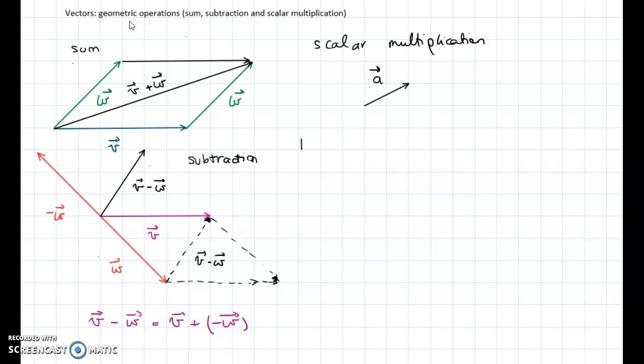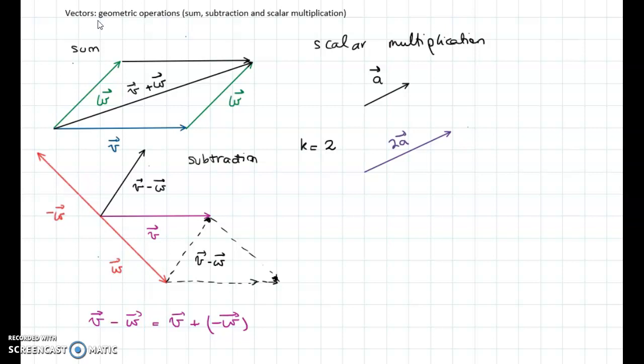So for instance, let's say we consider k equals 2. In this case, our new vector over here is going to be this one, parallel to a, pointing in the same direction, with magnitude 2 times the magnitude of a.